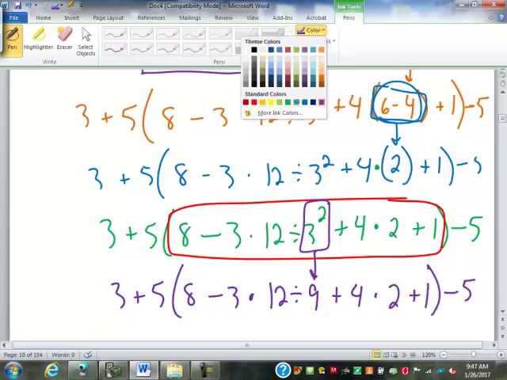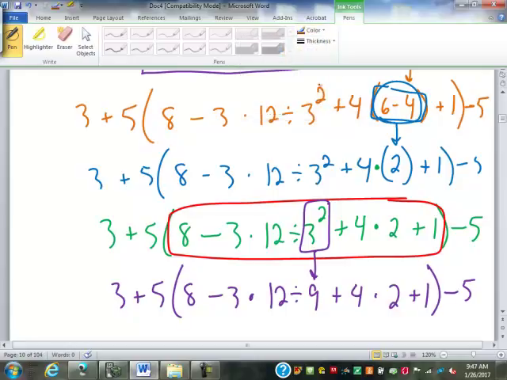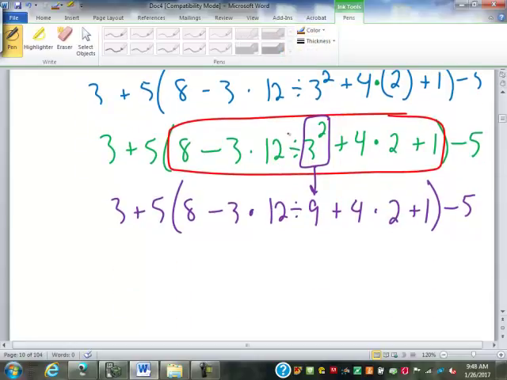These chew up a lot of paper when you have to rewrite them, don't they? Our next step now, still inside the parentheses, no more exponents. So we're going to multiply and divide. We're going to go left to right. What's our first one we're going to do? 3 times 12. There we go, which is 36.